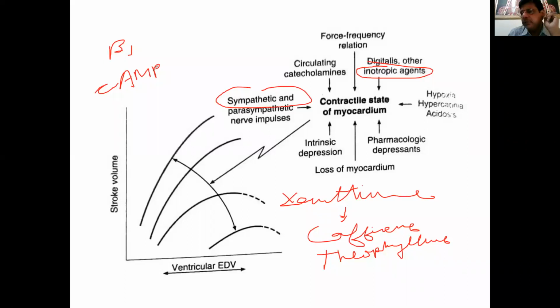After cyclic AMP finishes its function, how is it removed? Anybody? After cyclic AMP is done with its function inside the cell, how is it removed from the cell? Any idea? Maybe it's converted into ATP, sir.